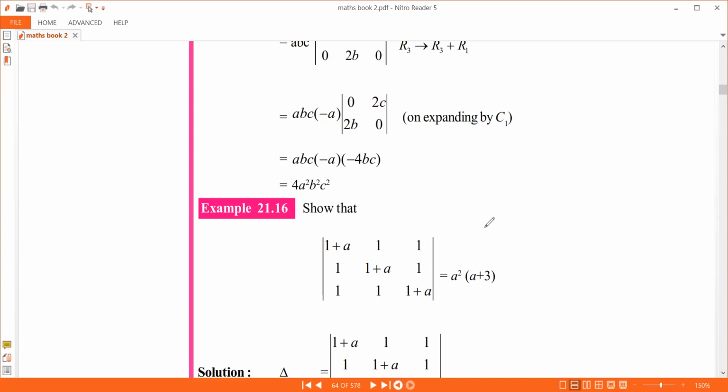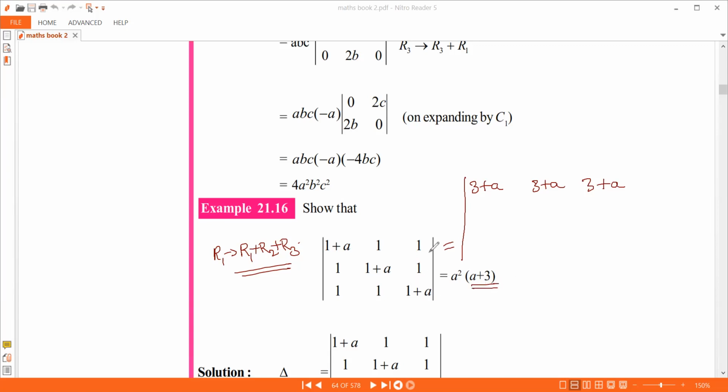Now what I do is, if I do R1 is equal to R1 plus R2 plus R3, what happens? You see, a plus 1 plus 1 plus 1, that is 3 plus a. And here also I get 3 plus a. Here also I will get 3 plus a. I got this idea because of the factor a plus 3.